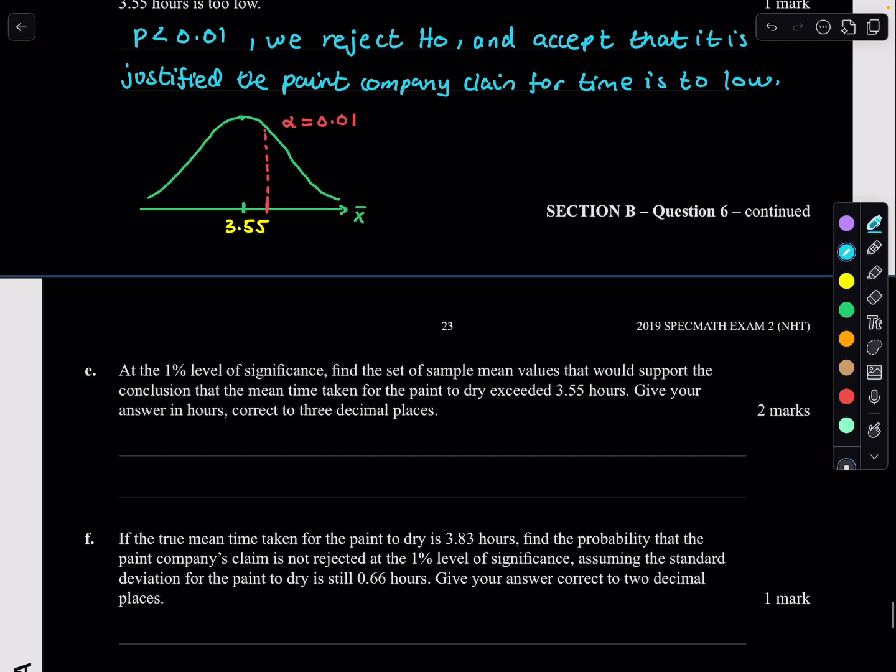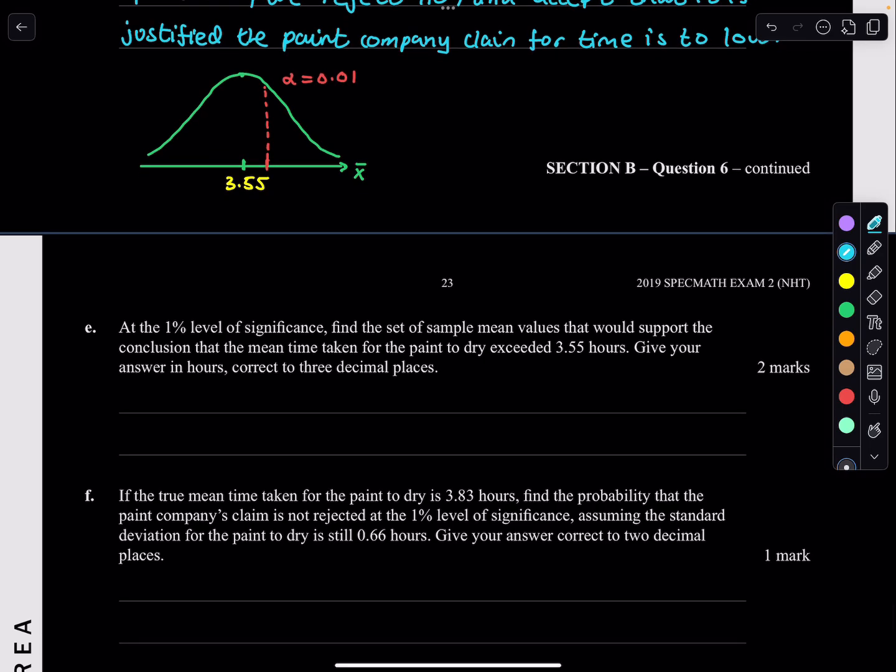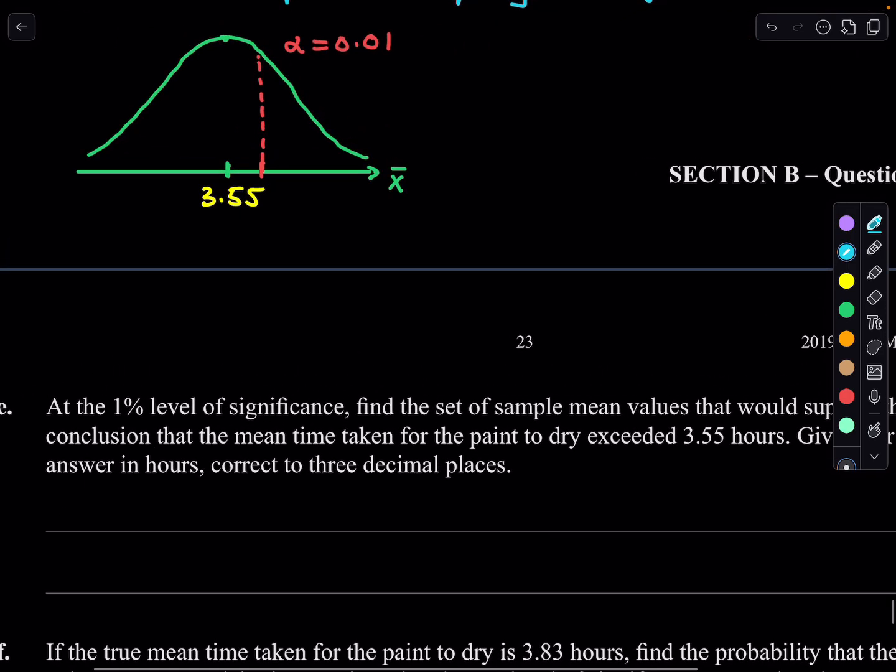Okay, so it says at 1%, find a set of sample mean values that will support the conclusion that the mean time taken for the paint to dry exceeded 3.5 hours. So what we're saying is, we want to reject the hypothesis that the company's claims are true. What x values, the sample means, will give us values where we accept the company's claims and reject the null hypothesis? Well, that is easy, isn't it?